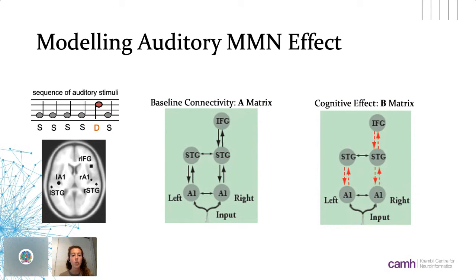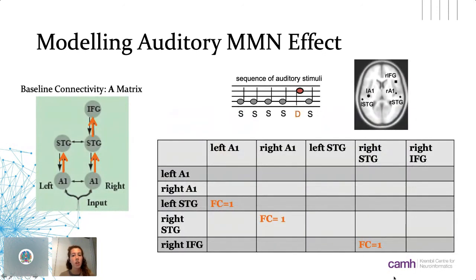And here we argue that the cognitive effect of the deviant stimuli is modeled by both feed-forward and feedback connections, shown in red. So how this would look, again, we have our 5 regions, and you can think of the columns reflecting from, and rows are to, so it's the region-to-region connectivity.